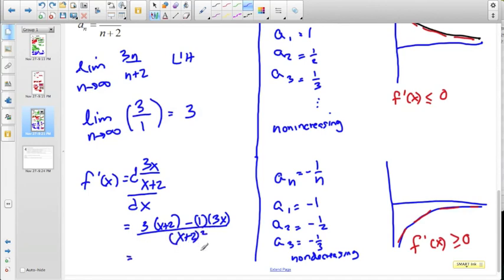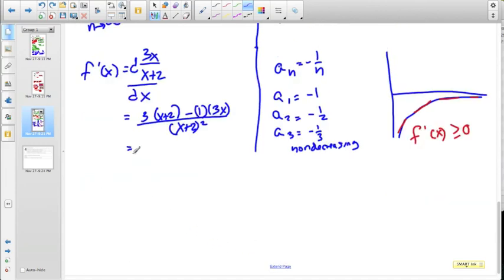And so if we simplify that, we're going to get 3x plus 6 minus 3x all over x plus 2 quantity squared. And so we're looking at 6 over x plus 2 quantity squared. And that's the value of the derivative.